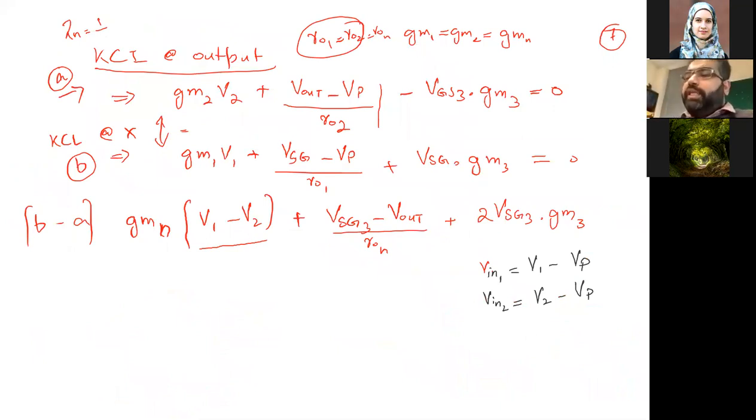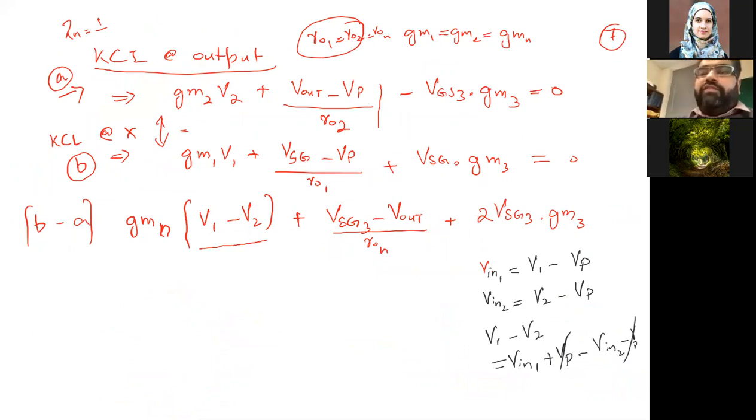So I can easily write V1 minus V2 as V in 1 plus VP minus V in 2 minus VP. So the VP will be cancelled out and I will be left with something equivalent to GMN times V in 1 minus V in 2, which is desired.